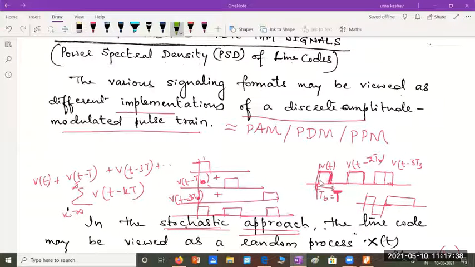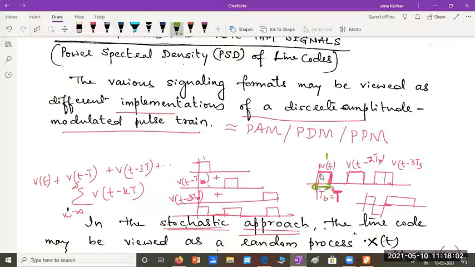Please remember a line code, for example, in this format I showed you, can be, so if I have a single rectangular pulse and I shift that, every rectangular pulse exists for a bit duration TB. The bit duration TB is the duration of the single pulse.